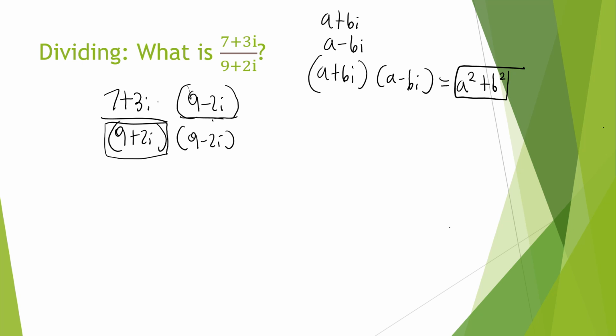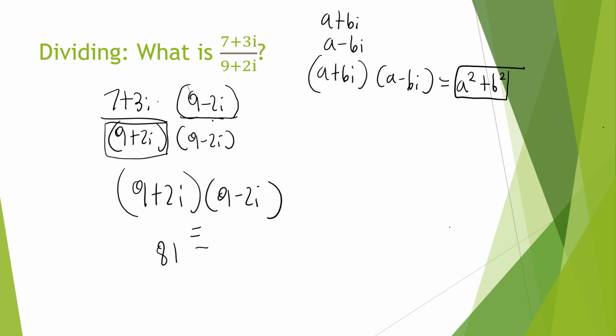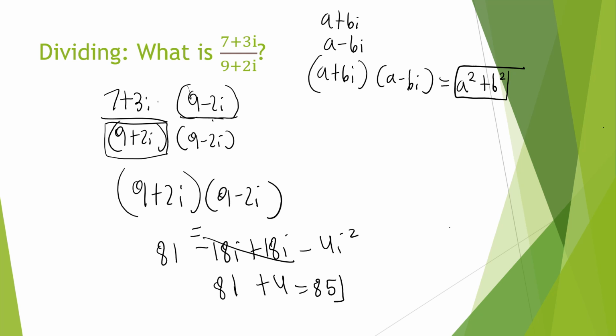So the bottom is equal to 9 plus 2i times 9 minus 2i, which is equal to 81 minus 18i plus 18i minus 4i squared, which is just going to be 81 plus 4, which is 85. So the denominator is going to be equal to 85.